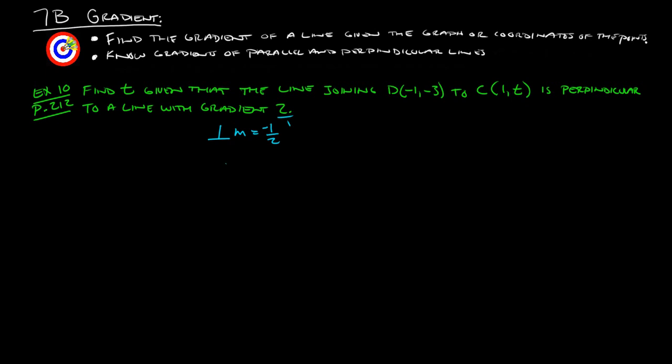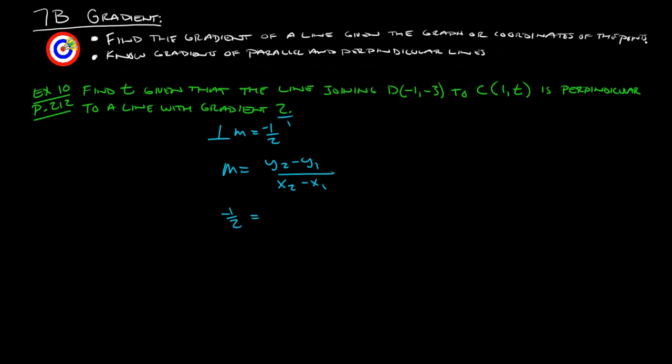Okay, but I'm going to show this really quick here. So again, our formula m equals y2 minus y1 over x2 minus x1. Let's start with m. Our new slope is negative 1/2.